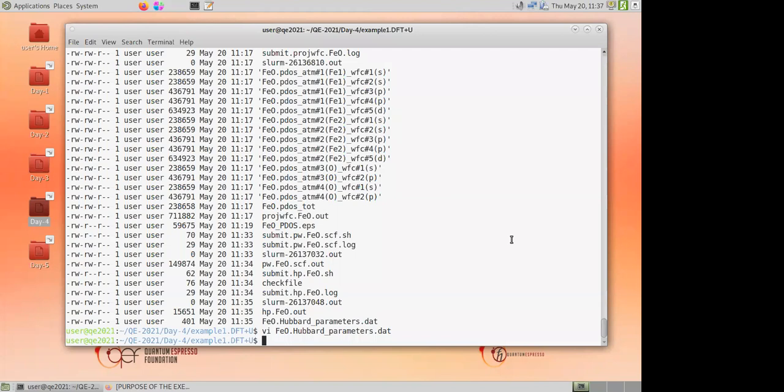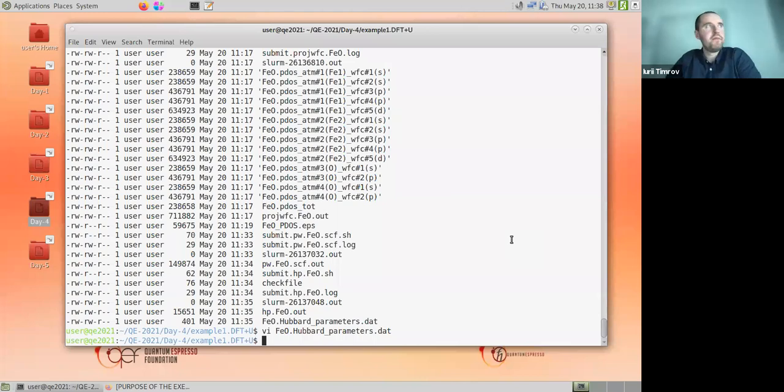On this issue of calculating U for orbitals other than 3D and 4F, I was thinking about these projectors that you have, or these inner products between the bands and the atomic wave functions. My question is, is there a problem if the wave functions that we use are actually pseudo wave functions, which don't have nodes? Okay, no, it's not a problem. We use, in fact, pseudo wave functions.